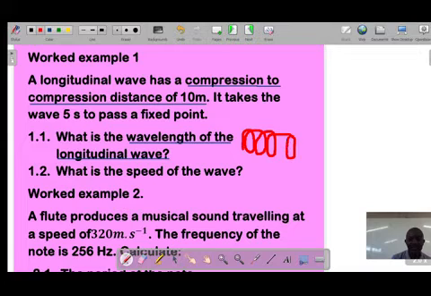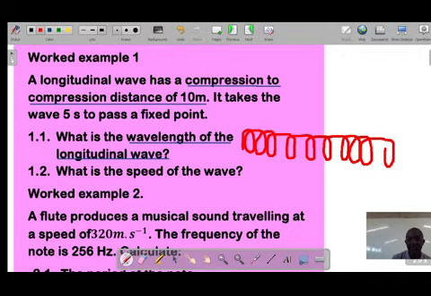This is a rarefaction region here, guys. As you can see, the particles are far from each other. Then there comes another compression region, and then we can continue with another rarefaction.